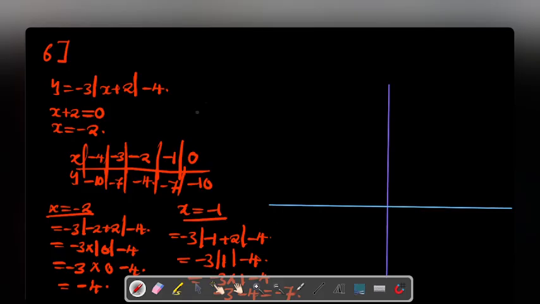So we have negative 1, then here we have negative 2, negative 3, and negative 4, then here we have 0. Then for the y values, these are negative values now.